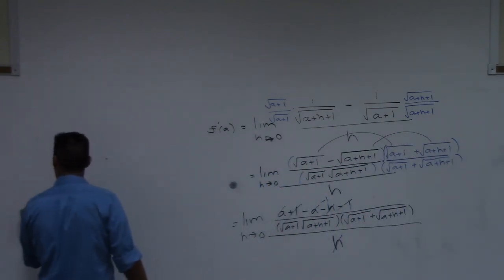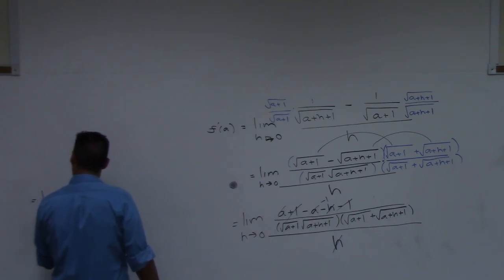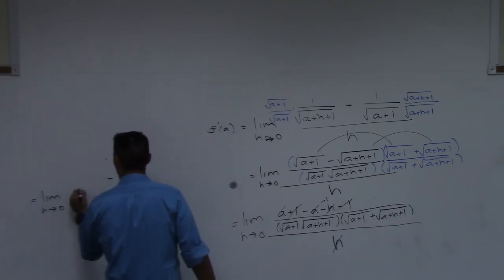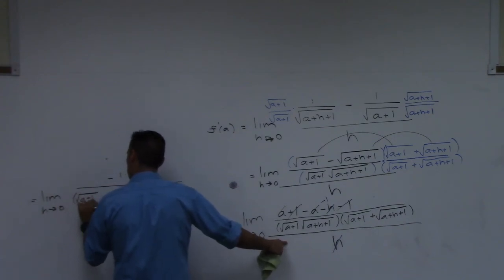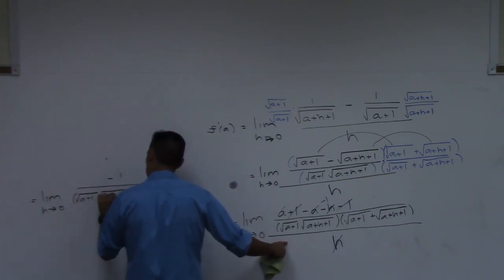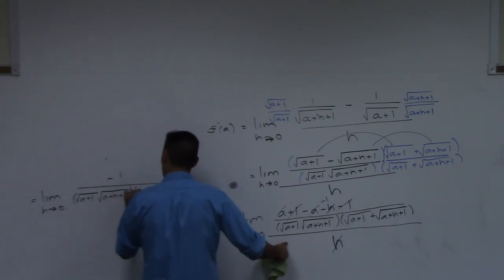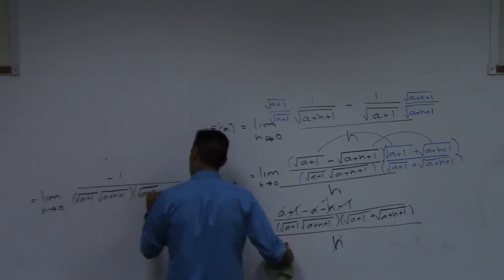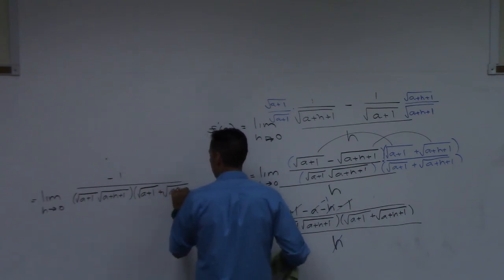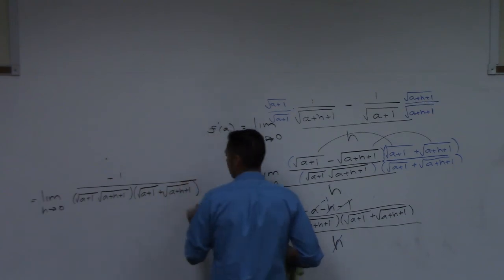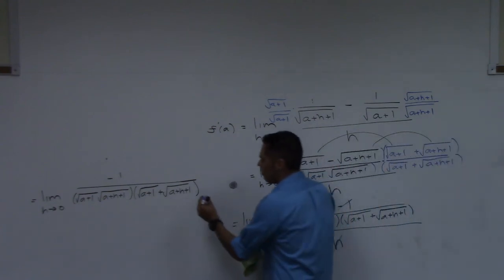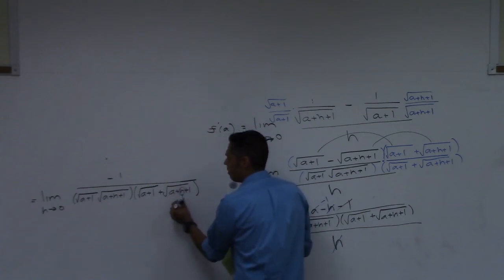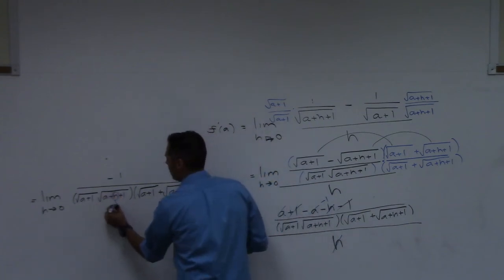We're almost there. Negative 1 over, OK, I have root a plus 1 times root a plus h plus 1, all that times root a plus 1 plus root a plus h plus 1. And now at this point, we can let h go to 0. And when h goes to 0, this piece is going to vanish out to 0. That piece is going to vanish.